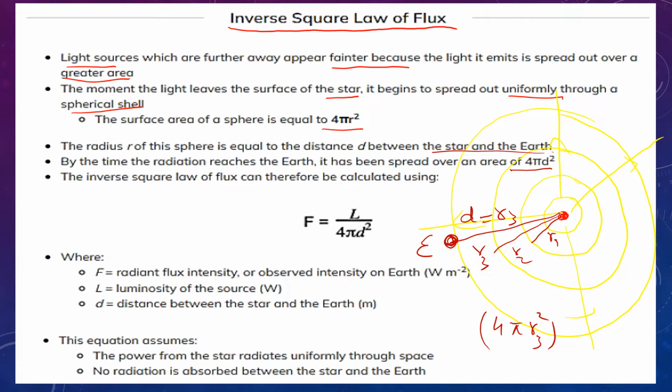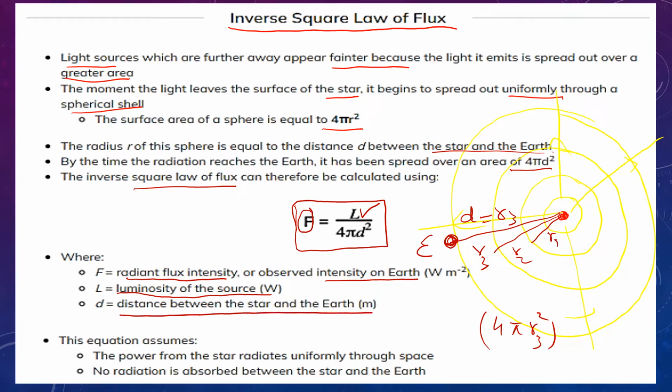By using the inverse square law of flux, we can state the relation between the radiant flux intensity, which is F, and the luminosity of the star: F equals L over 4 pi d square, where F is the radiant flux intensity as observed on Earth, measured in watts per meter square. L is the luminosity of the source, the total power emitted by the star from its surface, and d is the distance between the star and Earth.